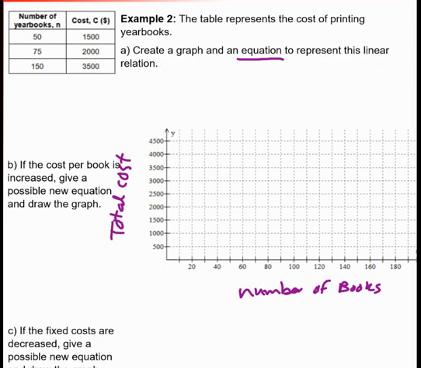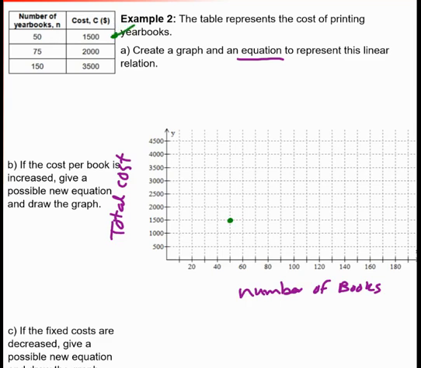All right, so how can we graph this? So we're going to graph these points along the way here. 50 yearbooks is going to cost 1,500. All right, check.